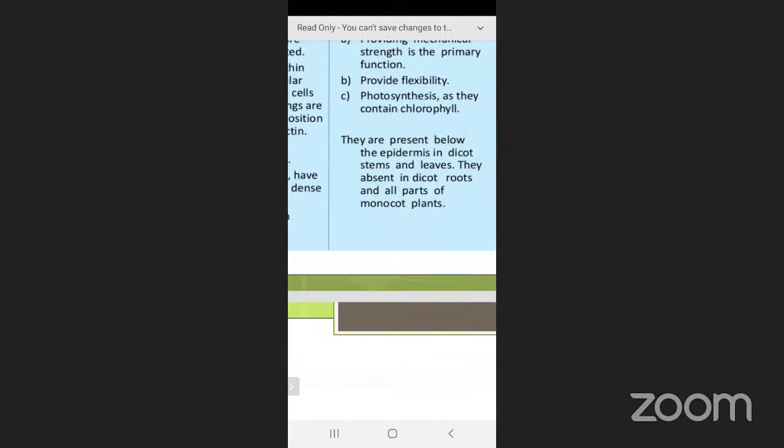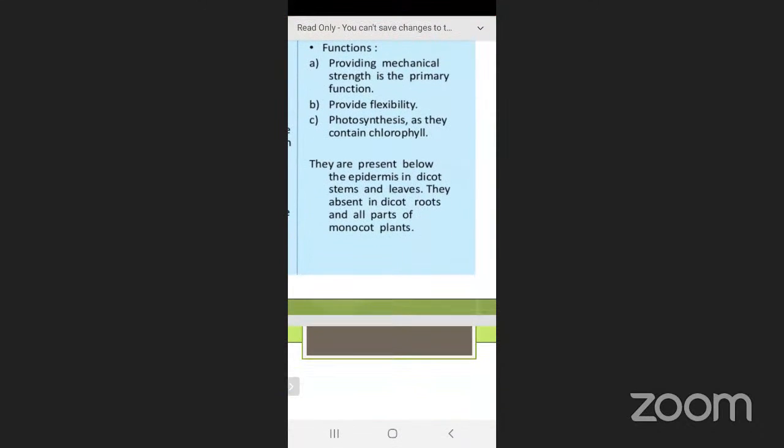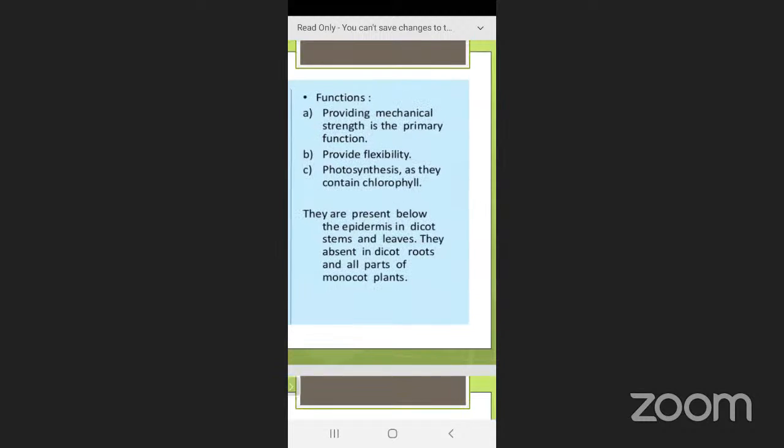Here, cot means cotyledon. Cotyledon is nothing but a seed leaf. Monocot means having a single seed leaf, and dicot means two cotyledons, two seed leaves.